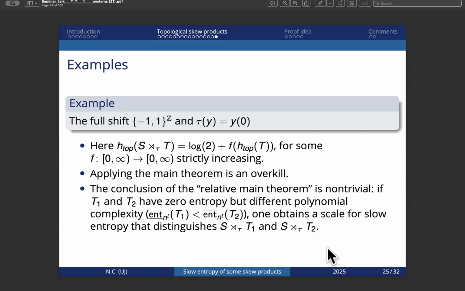Yes, well, I think that this is exactly what can happen here. So if T1 and T2 have zero entropy, then S times T1 and S times T2 both have entropy log 2.